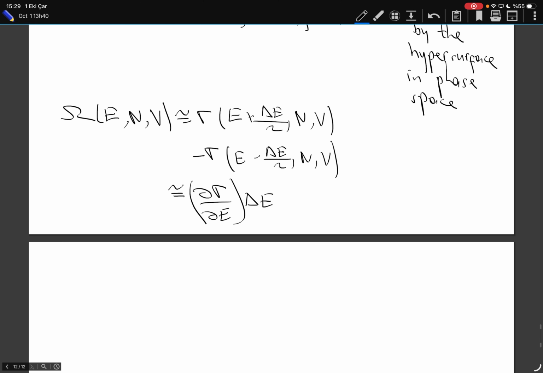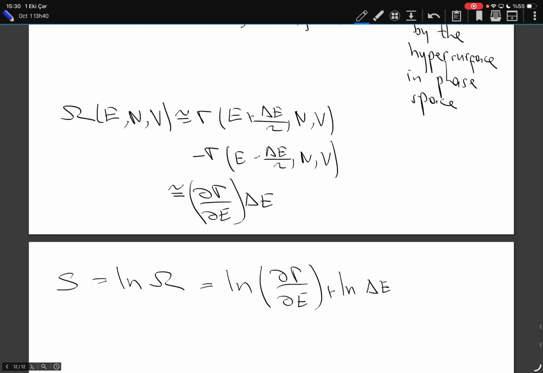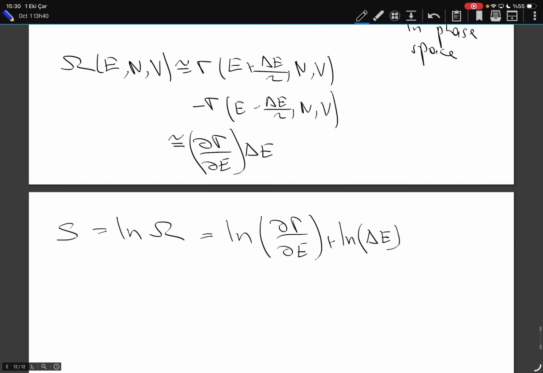Well, what is this delta E? Actually, I don't really care. You see, I am interested in the entropy. The entropy is the logarithm of omega, which will be the logarithm of del gamma by del E plus the logarithm of delta E. Delta E will be proportional to n. The larger the system, the larger the uncertainty in the measurement of the energy, but it will be of the order of n.